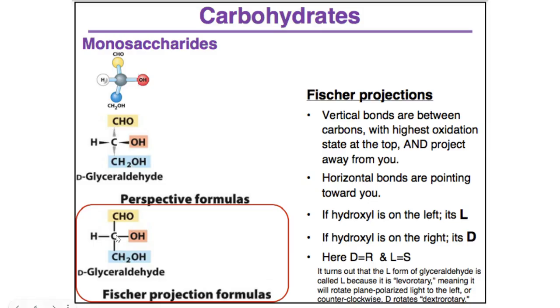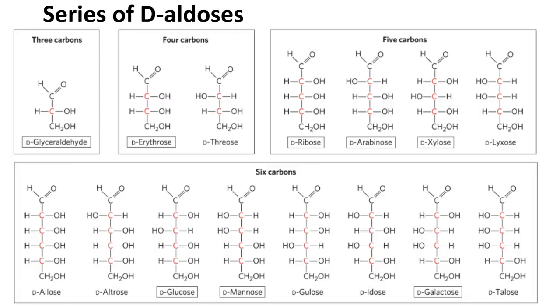So if you have a D, the hydroxyl group is to the right, and if you have an L, you can think of left, the hydroxyl group will be on the left side. And here are a series of aldoses that have the D stereoisomer.